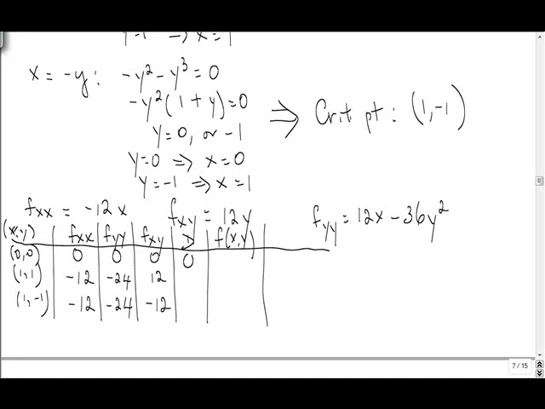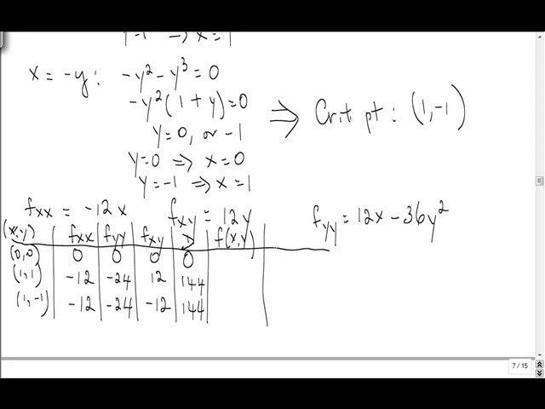D ends up being 0, 144, 144. Oh, I did not calculate f of xy, did I? Let's leave that a little. We'll come back to that. Let's put the type of point.